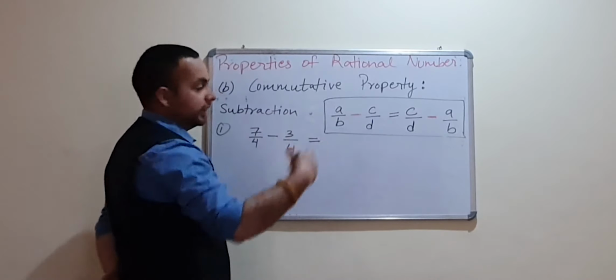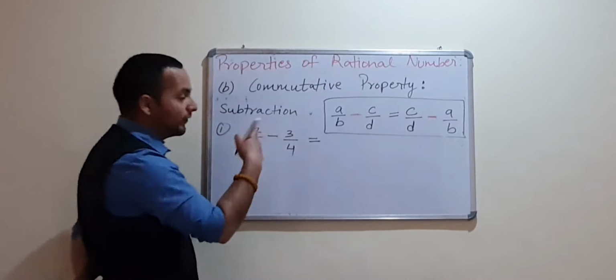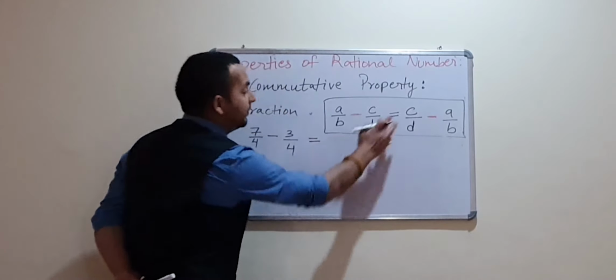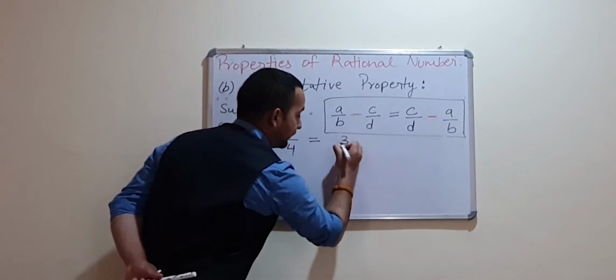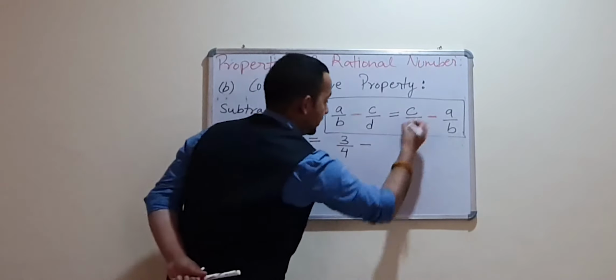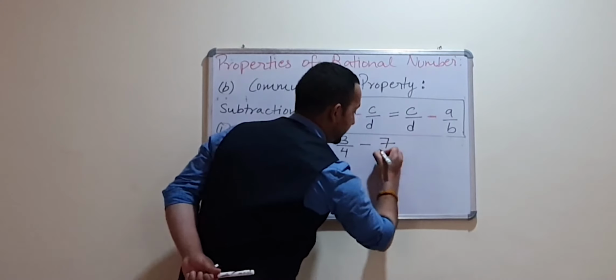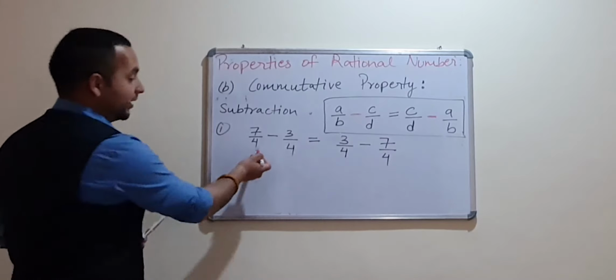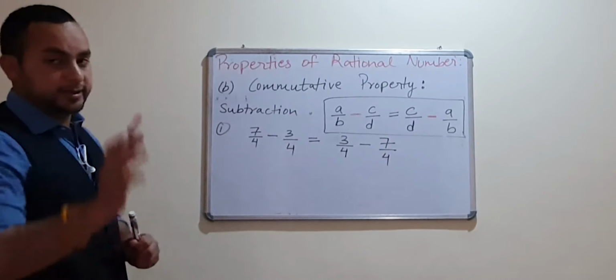So we are verifying whether these two are the same or not. Now in place of c upon d we write 3 upon 4 minus, and in place of a upon b we write 7 upon 4. Now we are going to test whether the left hand side and right hand side are the same or not.